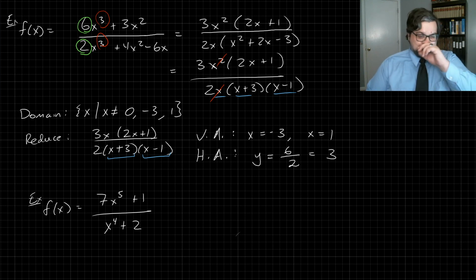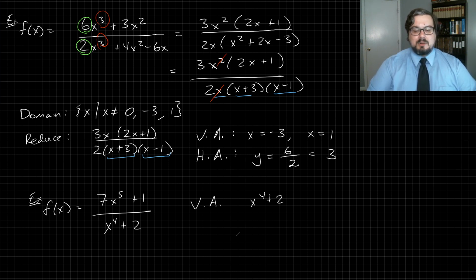And if we want to know about the vertical asymptotes, then we want to know where the denominator is 0. So to find the vertical asymptotes, we'll take the denominator, x to the fourth plus 2, set it equal to 0. From there we get x to the fourth equals negative 2. And so x has to equal plus or minus the fourth root of negative 2.